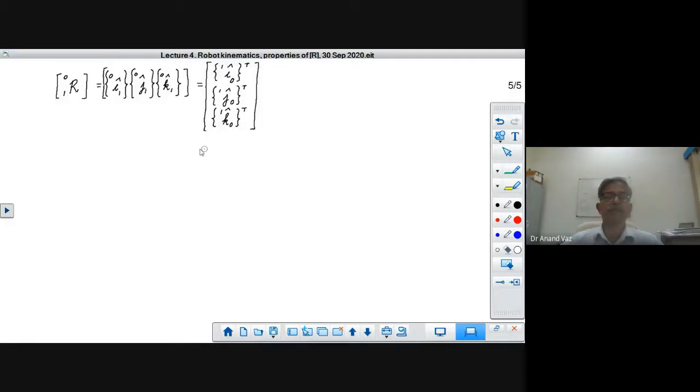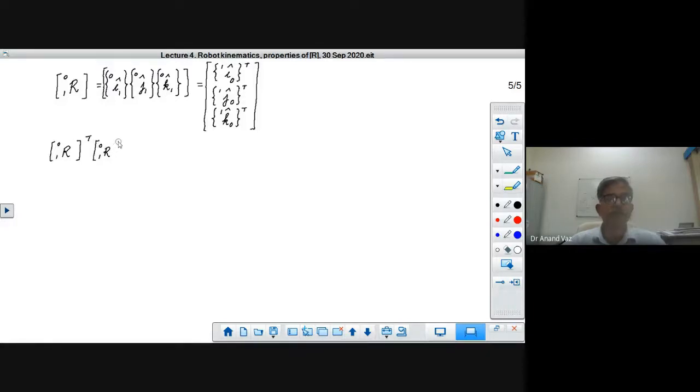Now, when you take a product of this, let's say when you take R1 to 0 transpose operating on R1 to 0, we know that the transpose is its inverse.